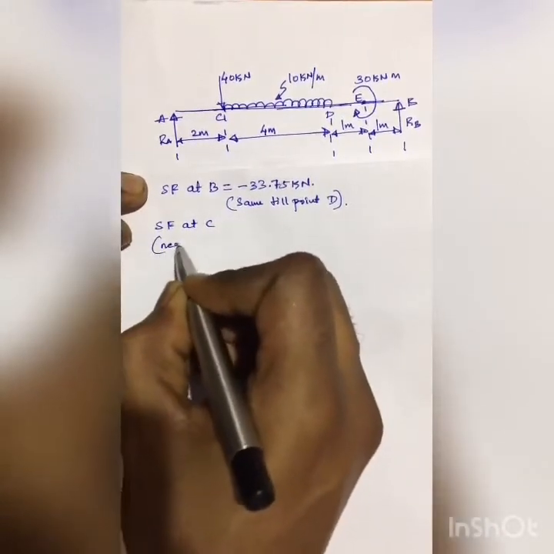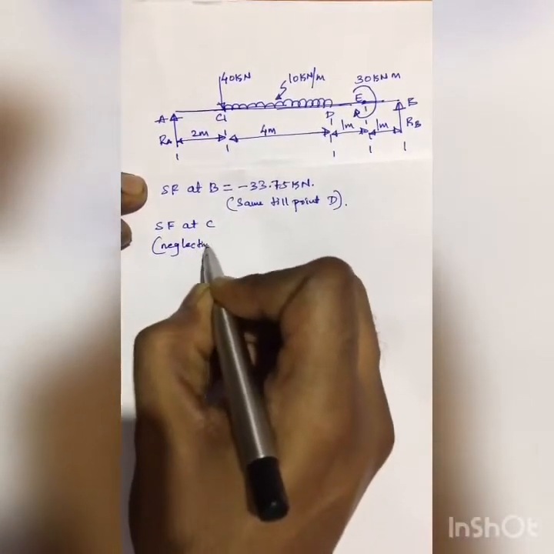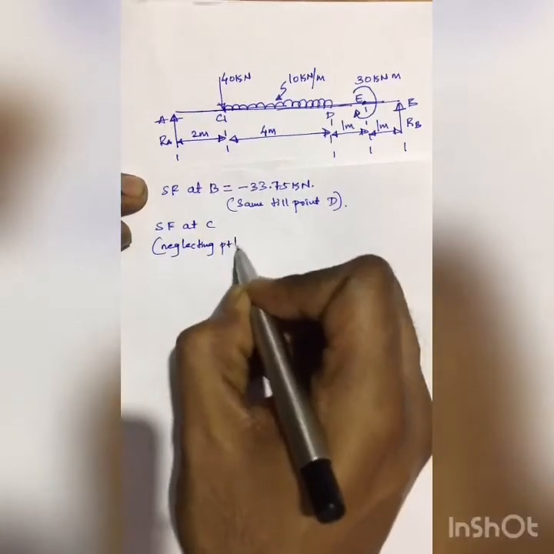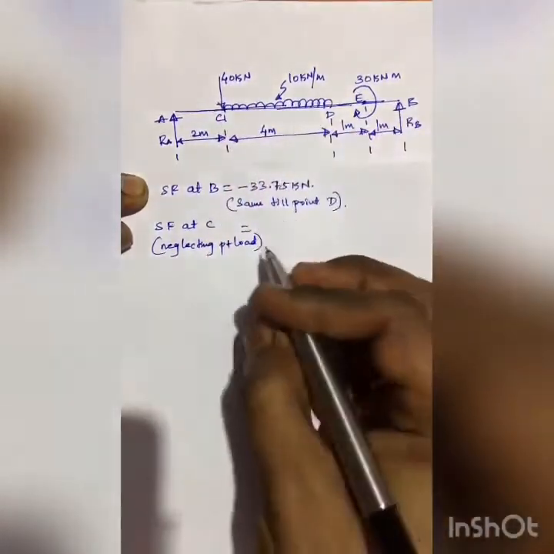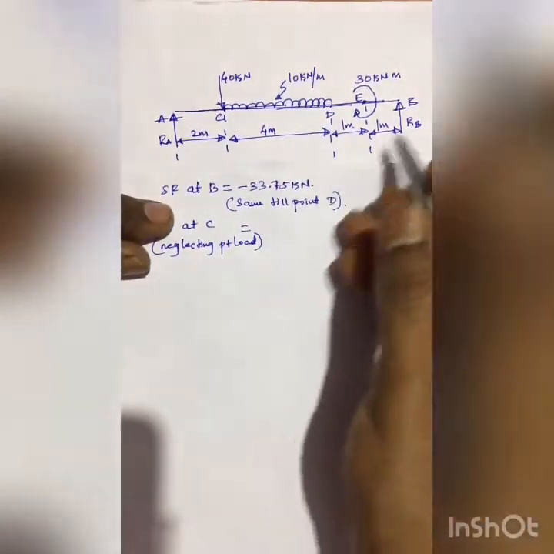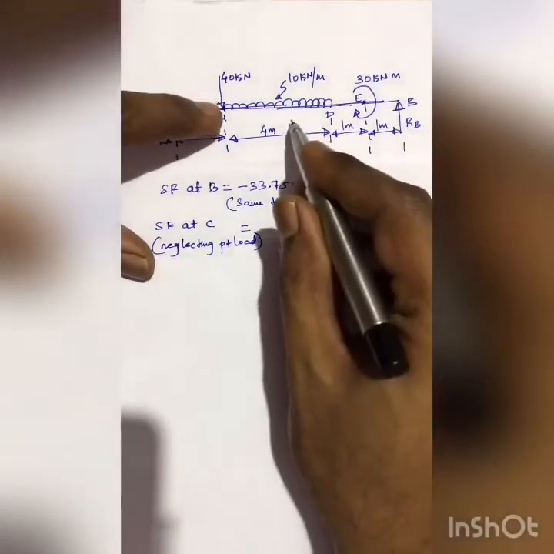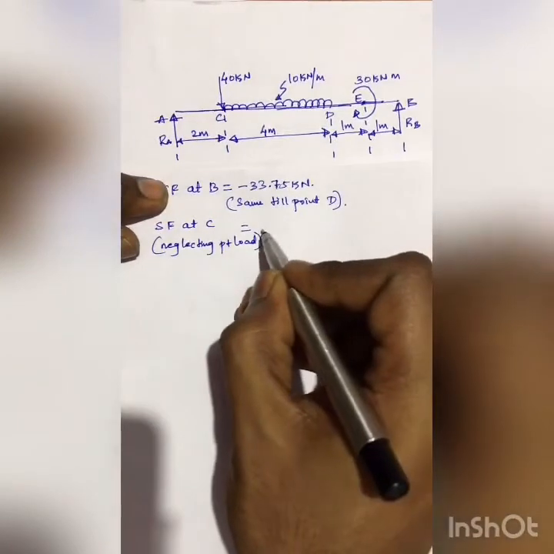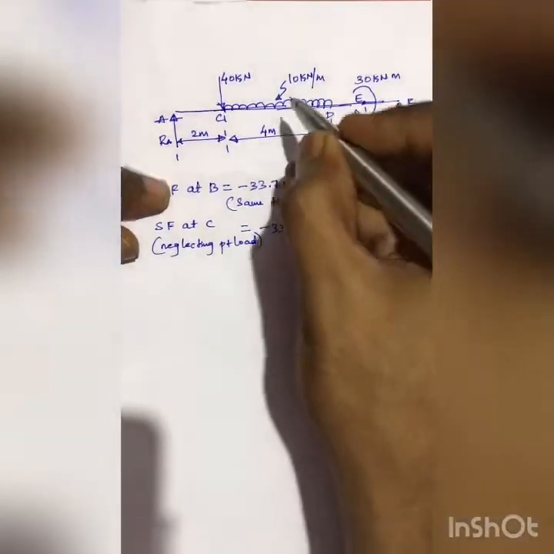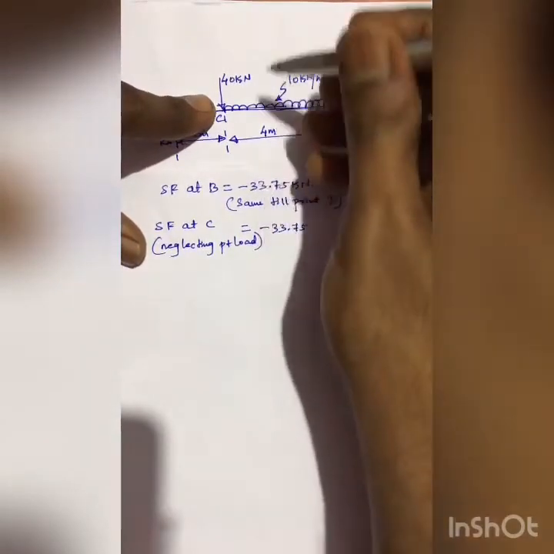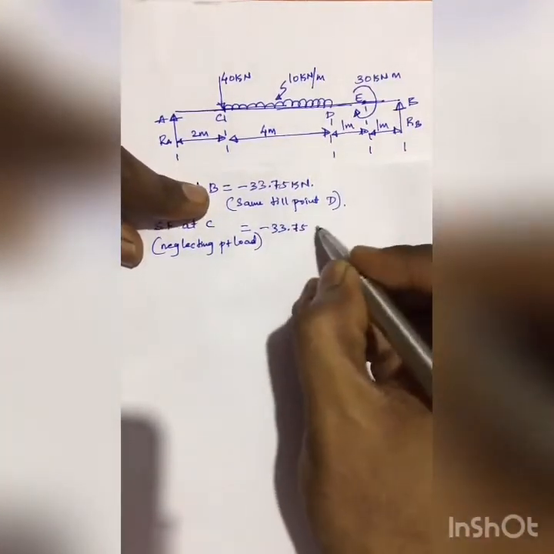First, neglecting the point load, that is, first what we do, we neglect this 40 kilonewton. So what do we get? RB, and this we need to consider, that is minus 33.75, and this will be plus because this is on the right side and it's acting downwards, so plus.